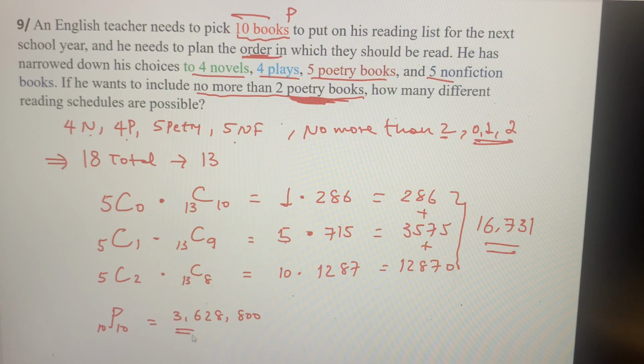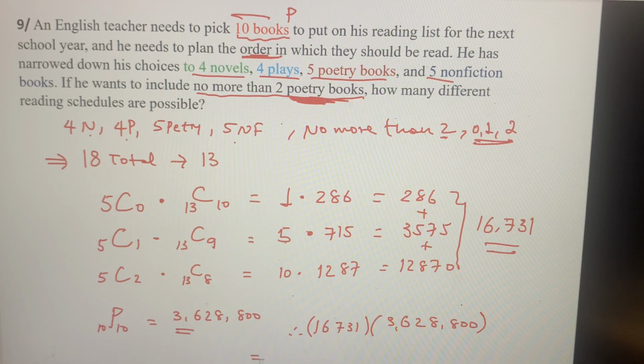So the final answer is, now you have to multiply this number by the permutation. The sum of the product of the combinations, 16,731, multiplied by the permutation, 3,628,800.